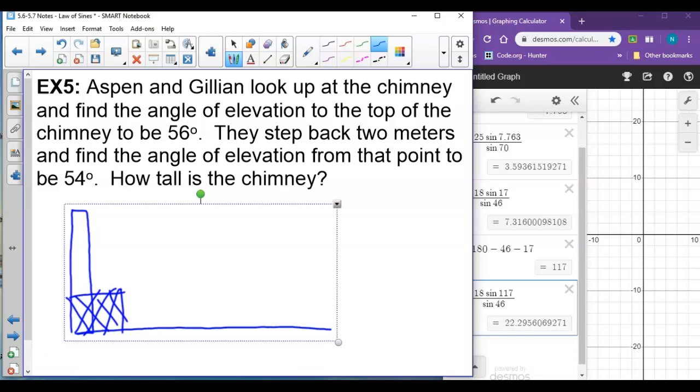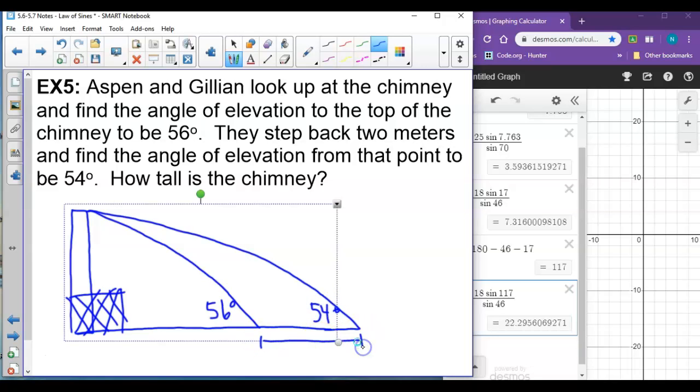So what you would have to do is find the angle of elevation to a point, and they did. It was 56 degrees. And then you would back up some and find the angle of elevation from that point. So that would be 54 degrees. And this length right here is 2 meters.